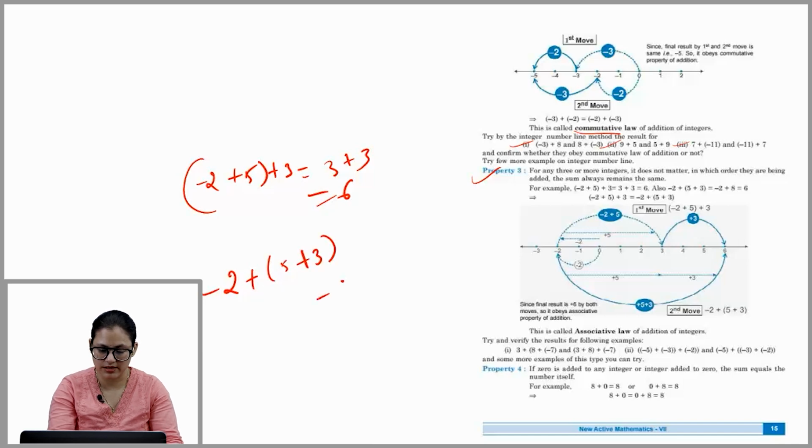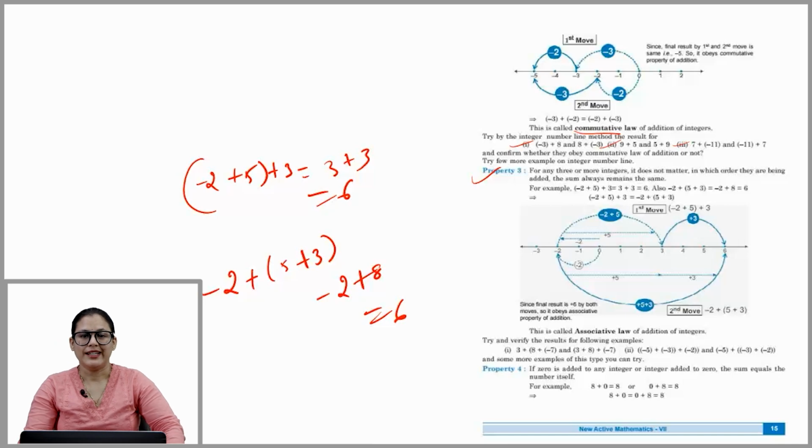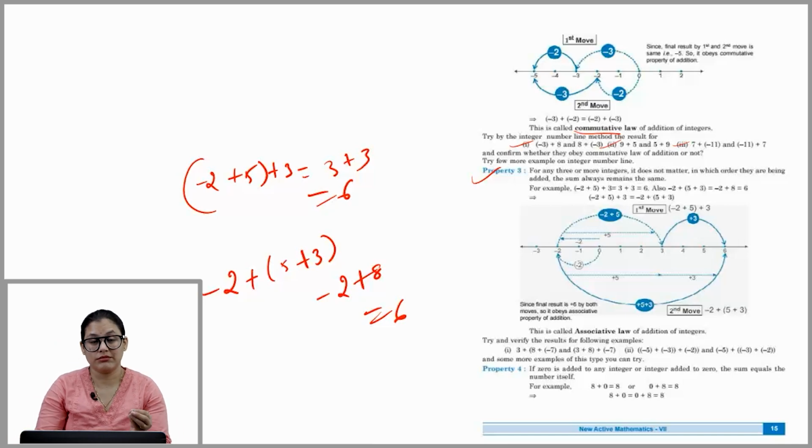So what will we get? Minus 2 plus 8 is equal to 6. So it doesn't matter in which order we add numbers, because the sum always remains the same, right? We call this property associative law of addition of integers. Now try and verify the result for the following examples which are given here.